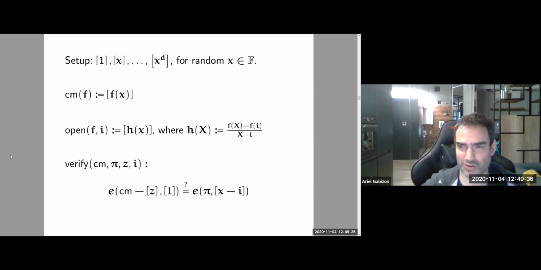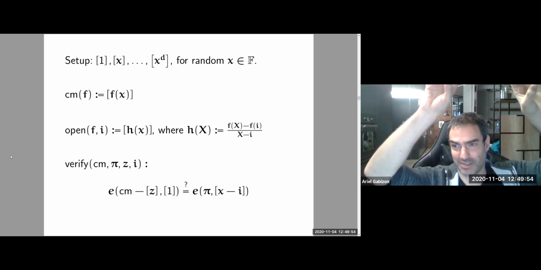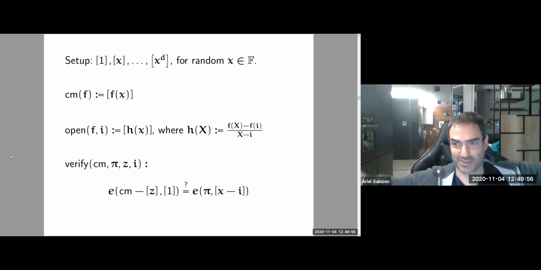The verification is going to use what's called a pairing. Basically what pairings let you do, if you've never seen them, is, if you have things in the exponent, like g to the x and g to the y, it allows you to basically multiply things in the exponent. It basically allows you to check some product in the exponent.